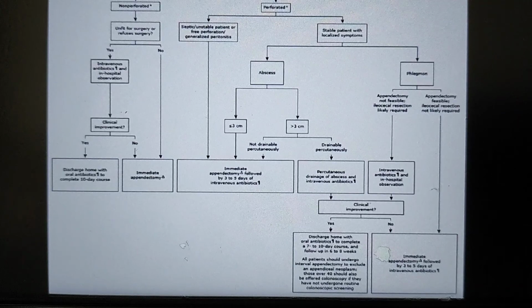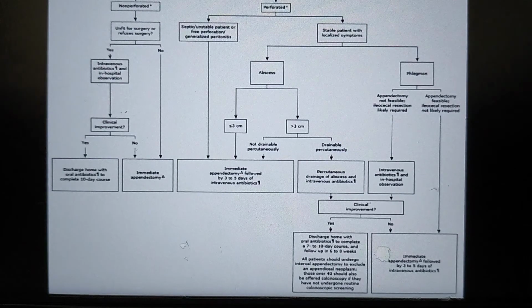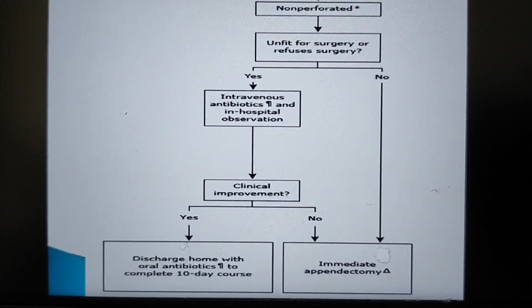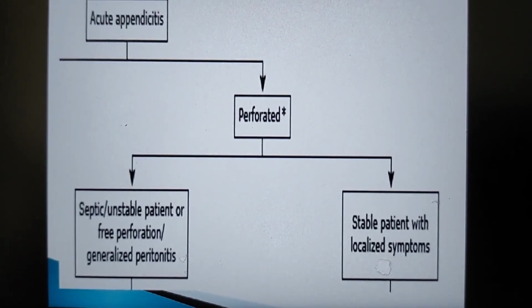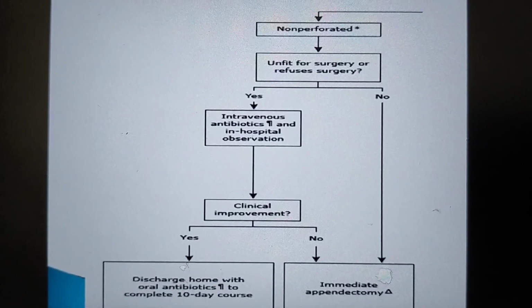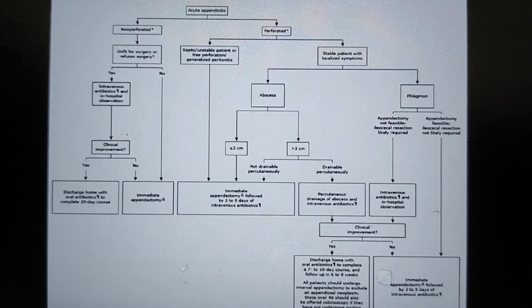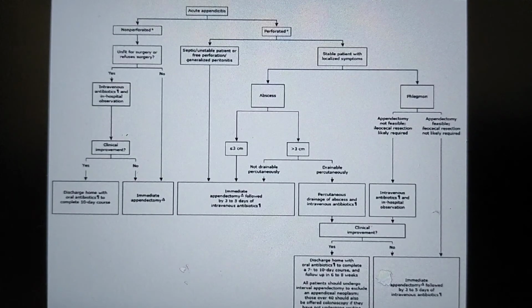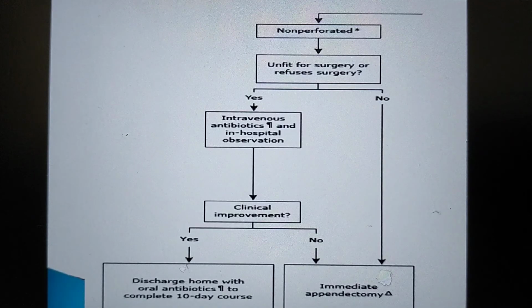So this table I got from UpToDate is quite comprehensive. Acute appendicitis is basically divided into perforated and non-perforated type. For the non-perforated type, we need to see first whether the patient is fit for surgery or whether the patient accepts surgery.